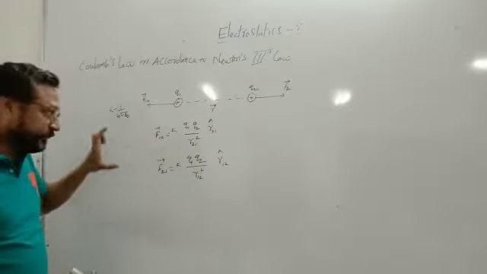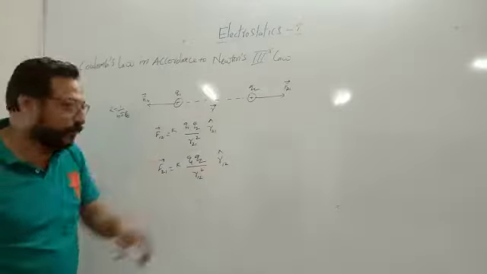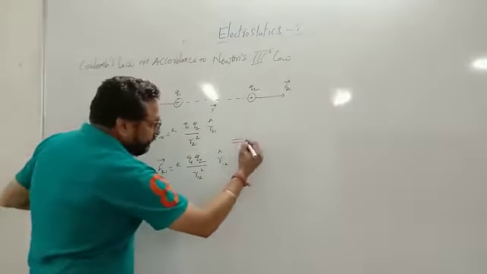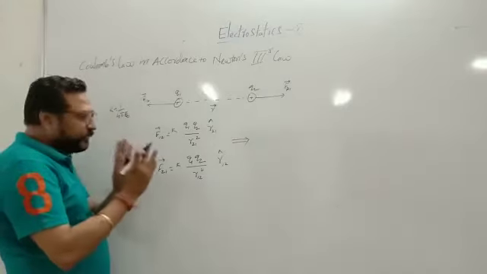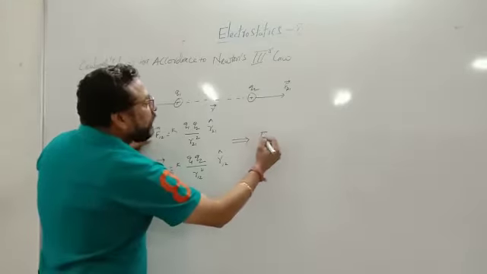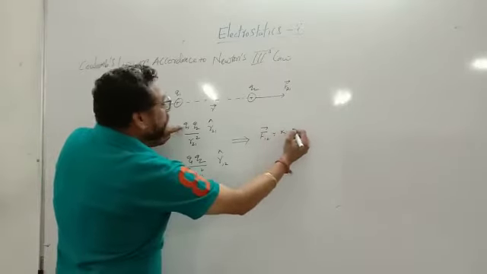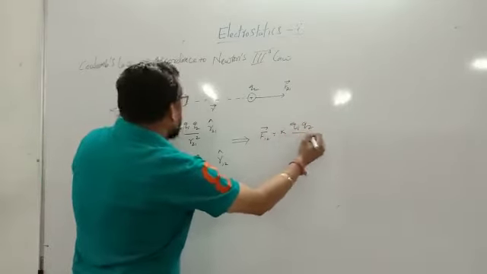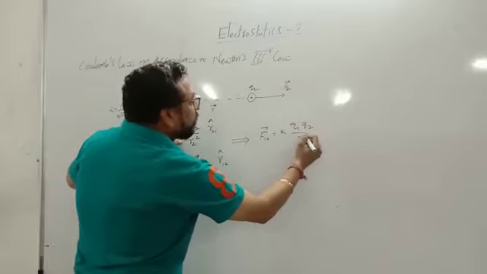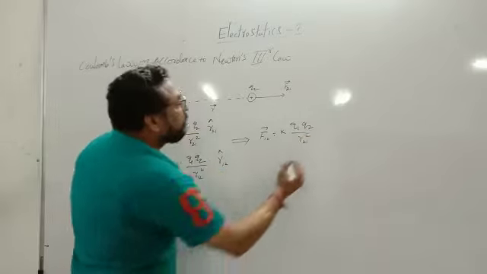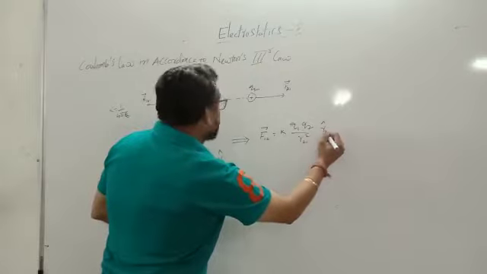And how do we relate these two to Newton's third law? Okay, come on this side. Please see, this is a very simple concept. F12 is K Q1 Q2 upon R21 square and unit vector of 21.